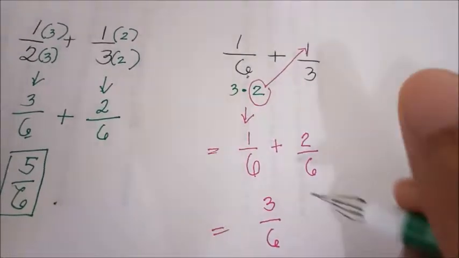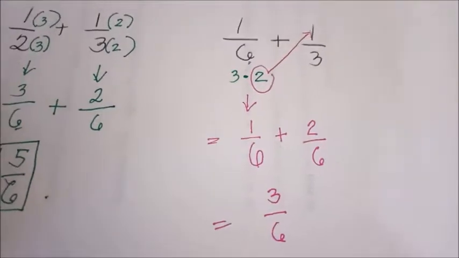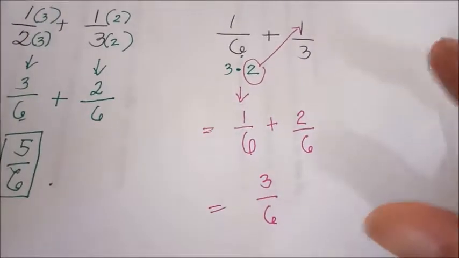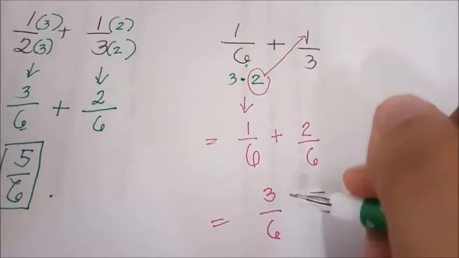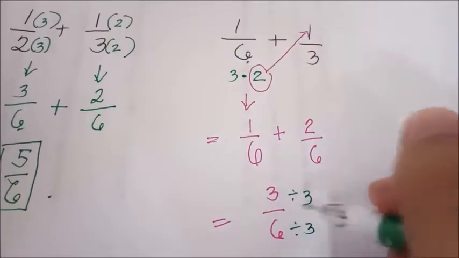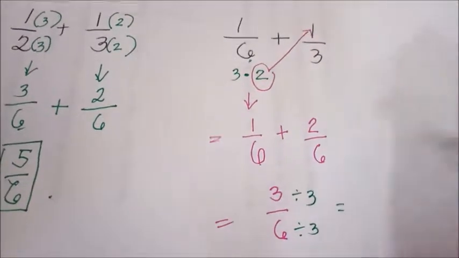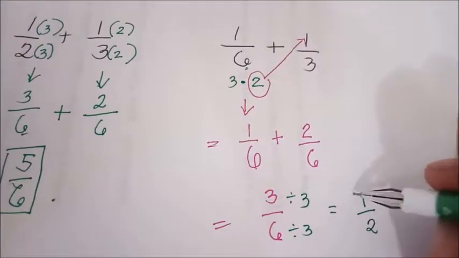Right? So if we divide both the numerator and the denominator by 3, we express the fraction in lowest terms. So 3 divided by 3 and 6 divided by 3 is equal to 1 over 2. And this will be your final answer.